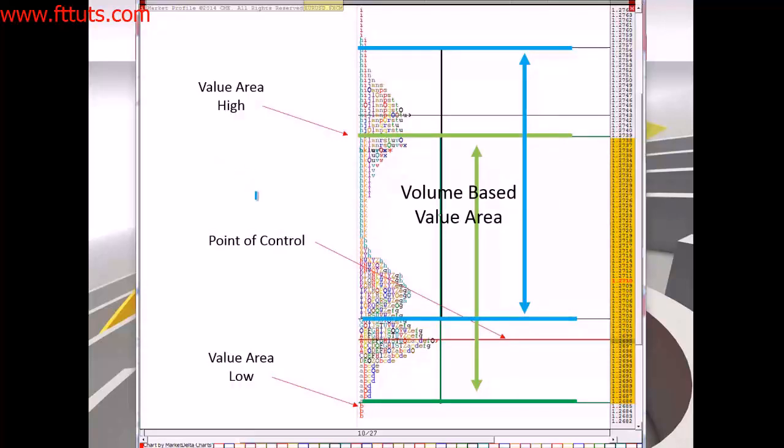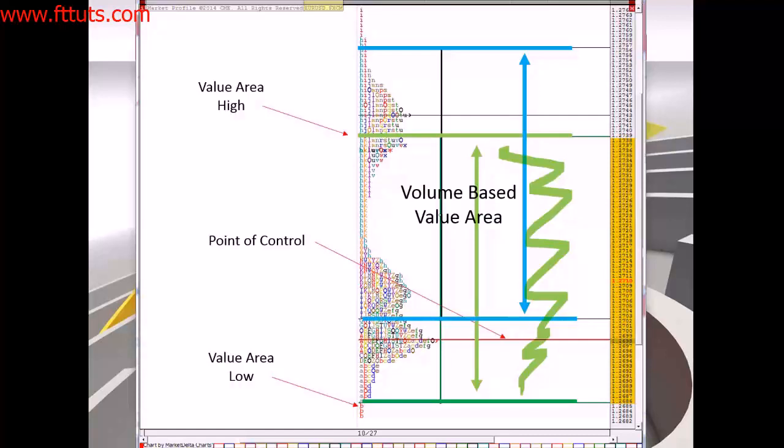All right, now we're going to switch gears. We've been talking about time, and I'm going to talk about volume-based value area. We already talked about our time-based value area, based on activity, and this was the time-based value area.